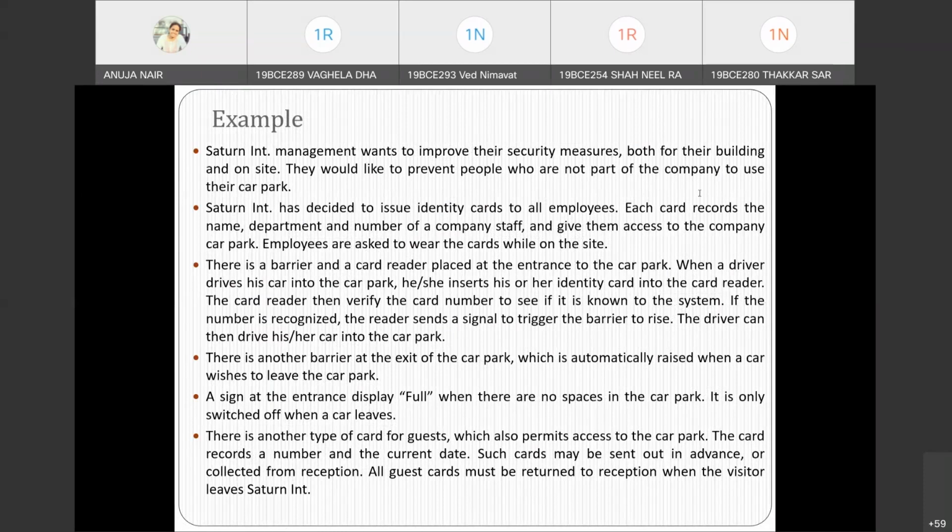Is it fine? If you don't speak, I'll unmute you unnecessarily. I don't know why you are not responding.